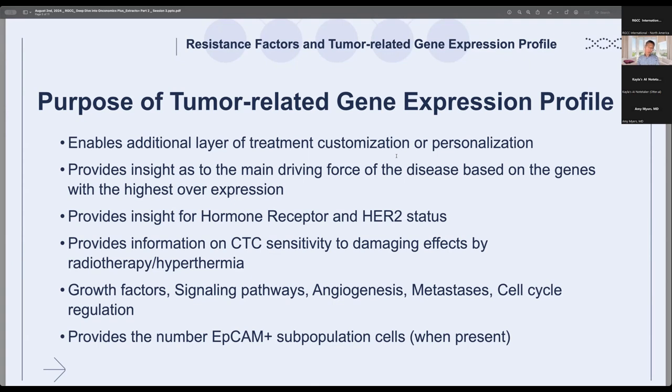So increase their options. The gene expression gives you a combination of what's been tested and what's not part of the routine testing that you could still use. And so that's why it's an additional layering on top of the chemosensitivity agents that you selected. So it broadens your choices of treatment options based on what genes you want to target.